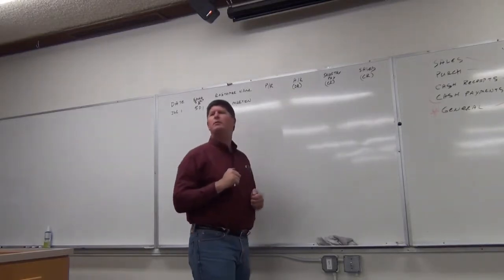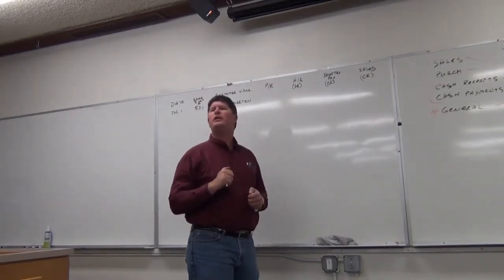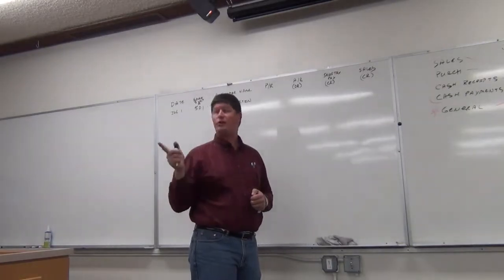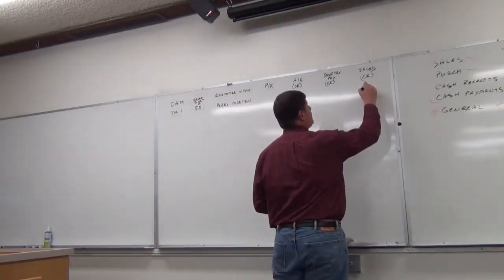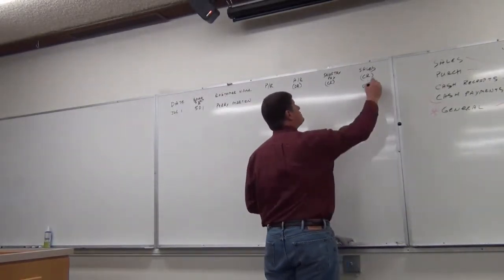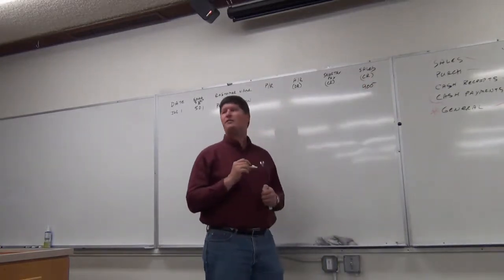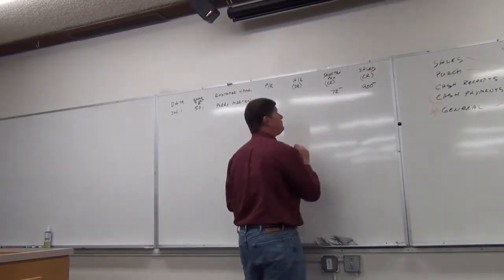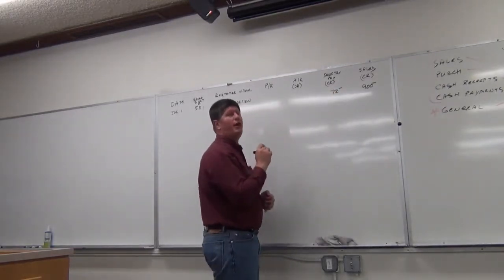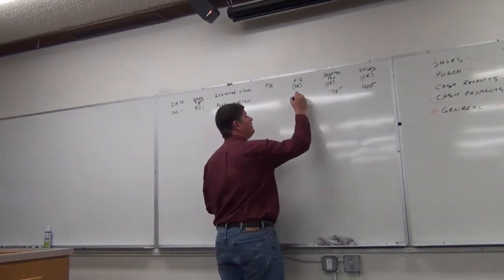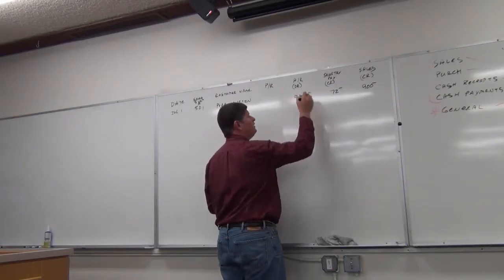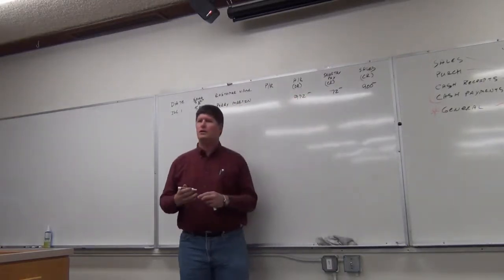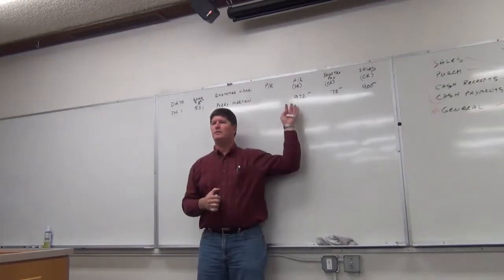Let's start with the sale. What did we sell him? $900 worth of stuff. So we've got a credit to sales for $900. How much is the sales tax? $72. How much is our accounts receivable then? $972. Good? Is that in balance?